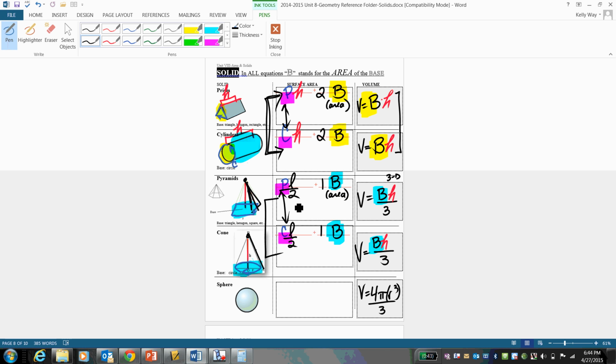If you just remember perimeter of a prism is the same thing as circumference in a cylinder and a cone. The last one we have here is a sphere. The surface area, there is no lateral area, so we just write here, it's going to be 4 pi r squared. Make sure that gets in your reference booklet. You're going to be able to use that when you do your lab.